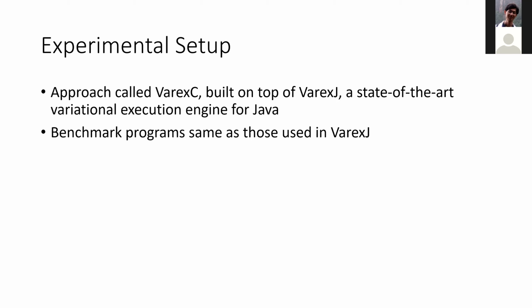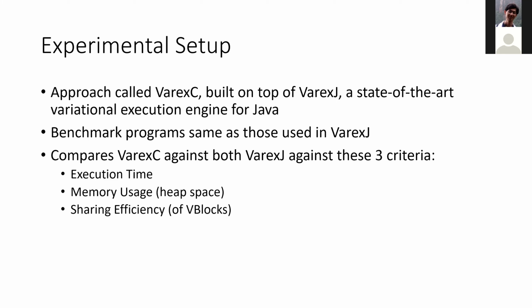The benchmark programs are the same as those used in VarexJ. Basically, they compare their approach with VarexJ against three criteria: the execution time, the memory usage, and the sharing efficiency of vblocks.